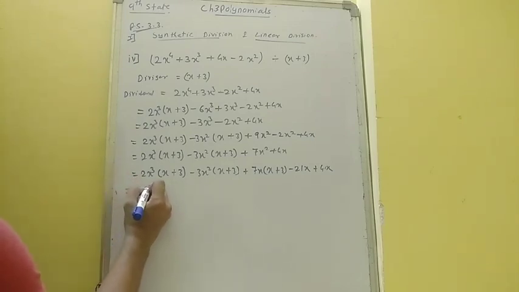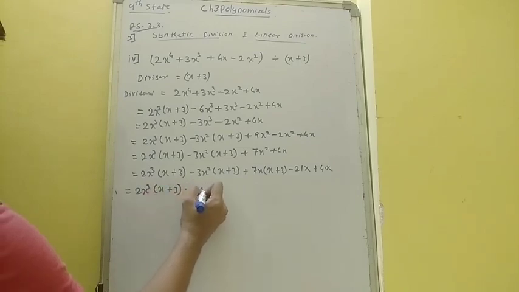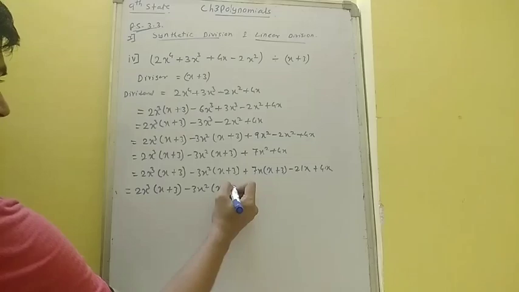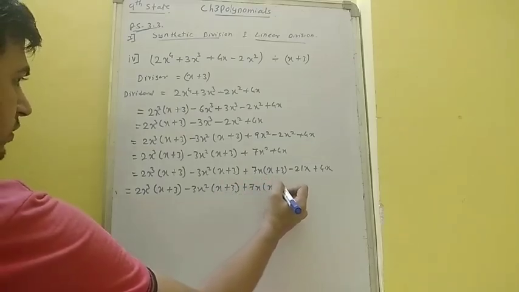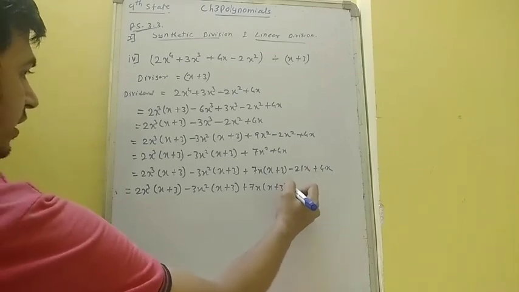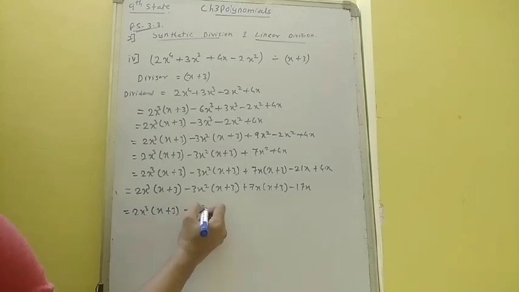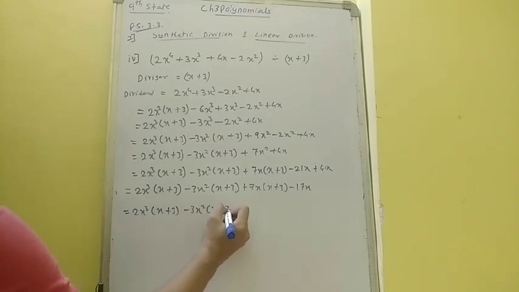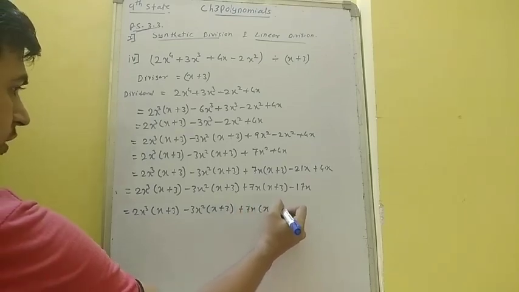So 2x cube x plus 3 minus 3x square x plus 3 plus 7x x plus 3, and this will be minus 17x.